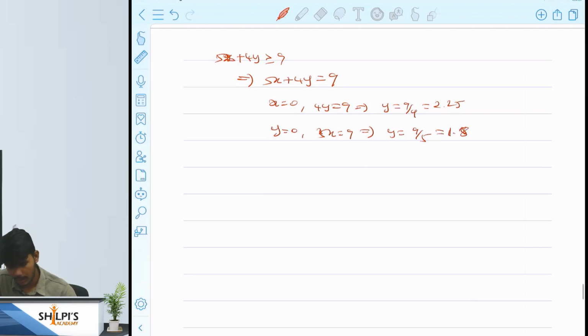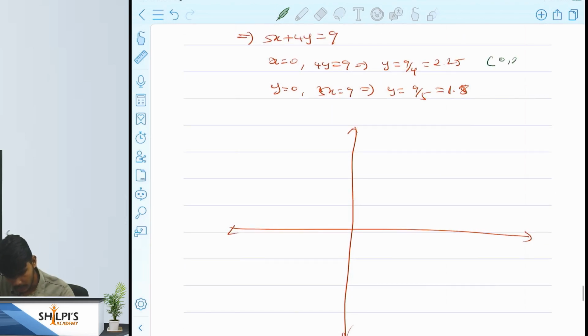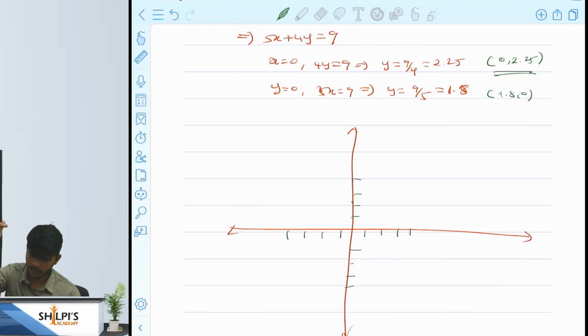Okay? I want to plot these 2 points. This point is 0 comma 2.25. This point is 1.8 comma 0. So on the axes, 0 comma 2.25 will be somewhere here, 2.25 on the y axis.